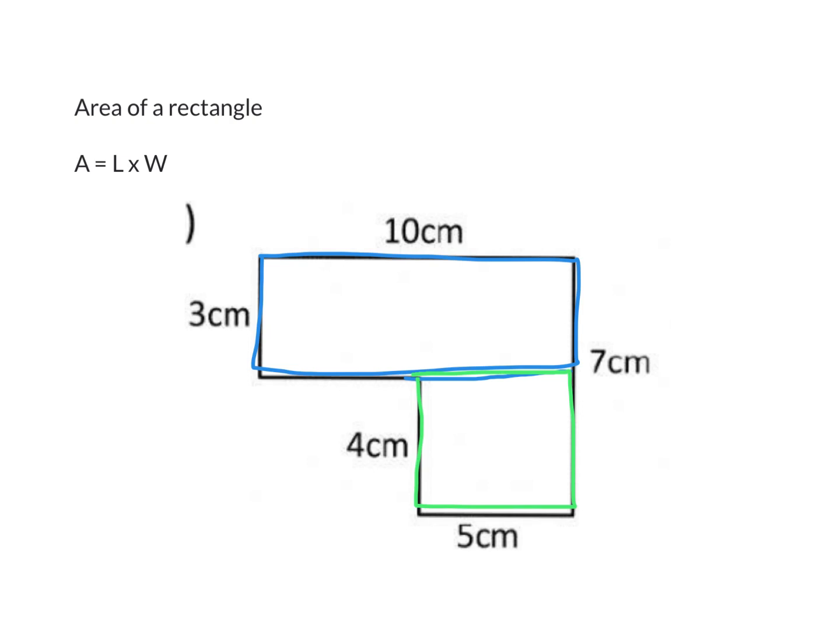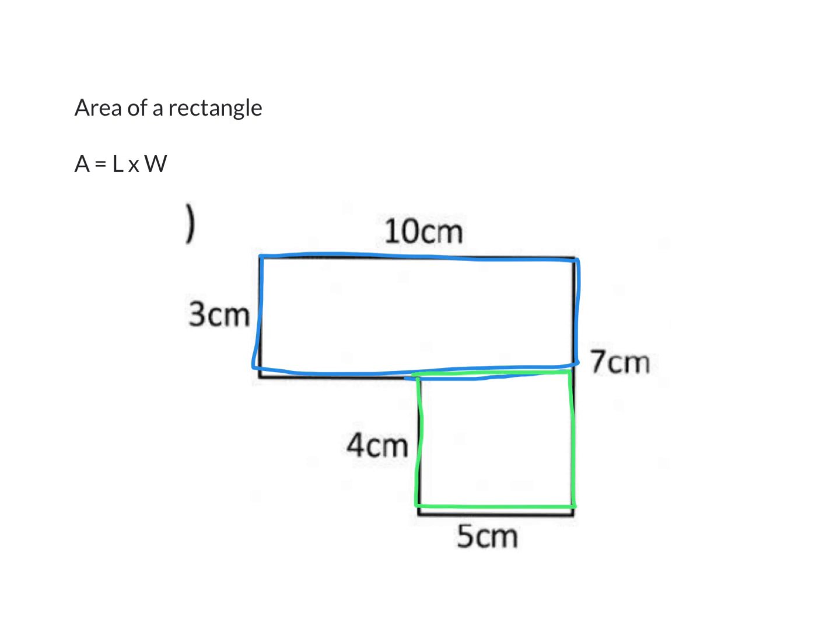So for my first, we'll go with the blue rectangle. We need our length and our width. So here's where we need to look at the shape and make sure we're using correct numbers. I have a 3, a 10, and a 7 all attached or near the sides of this blue rectangle.